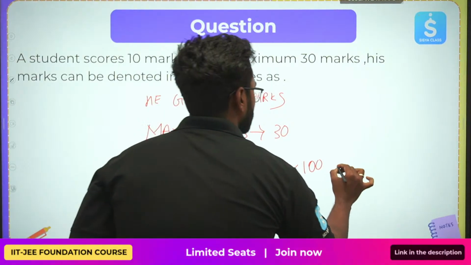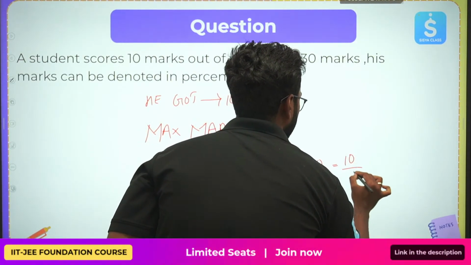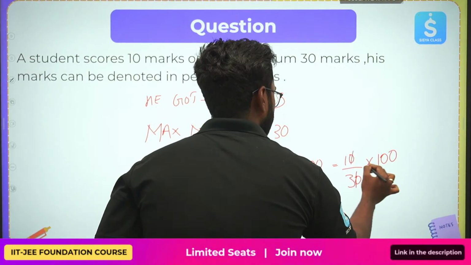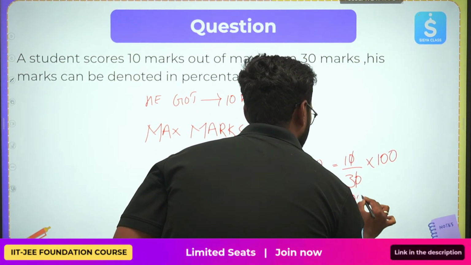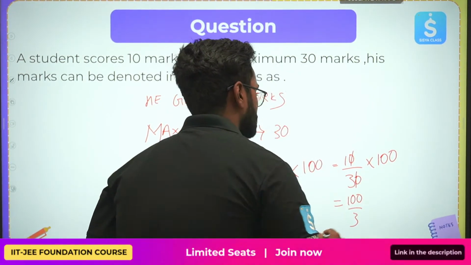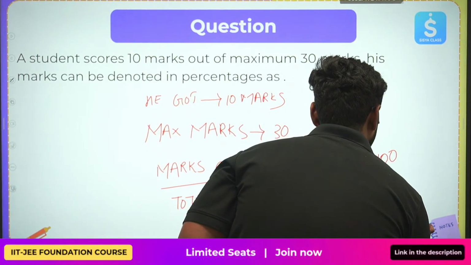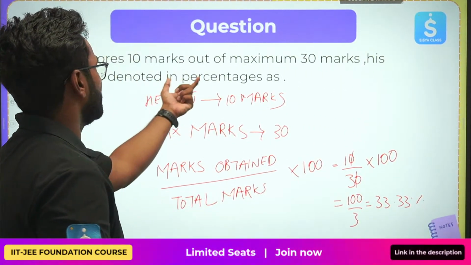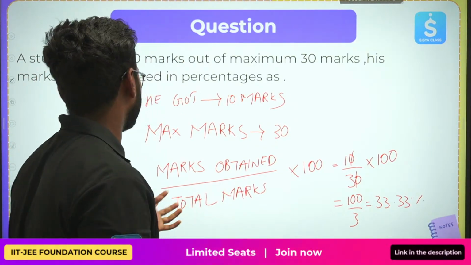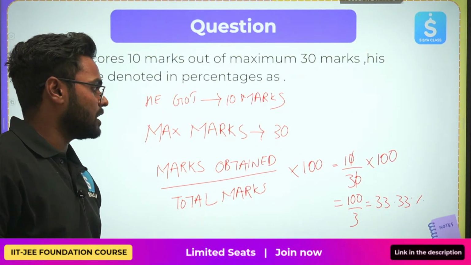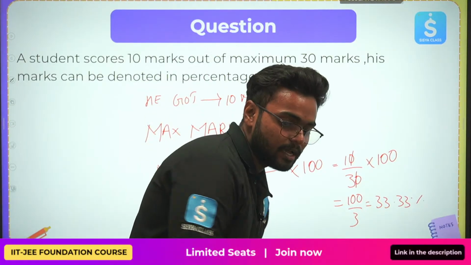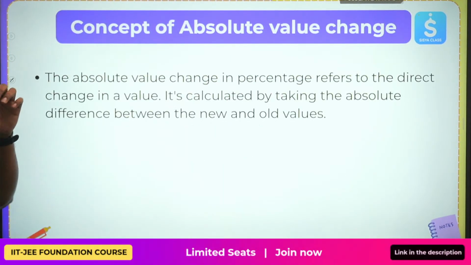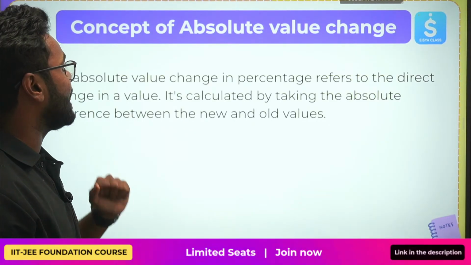So he'd be getting 10 upon 30 into 100. If I cancel, it will be 100 upon 3. This should be 33.33%. We are calculating the marks in percentages. We divided the marks obtained by total marks into 100 and received 33.33% of marks.